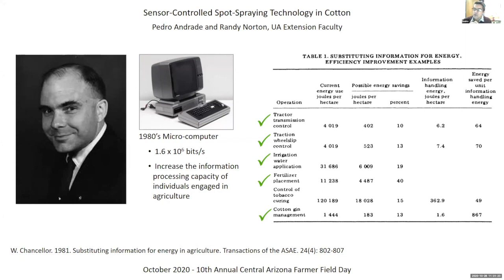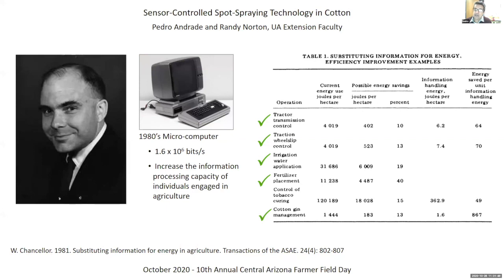Traction wheel slip control, now we have central inflation systems on big machines. Irrigation water application, there's a lot of work now in variable rate irrigation. Fertilizer placement, now we have variable rate fertility management.